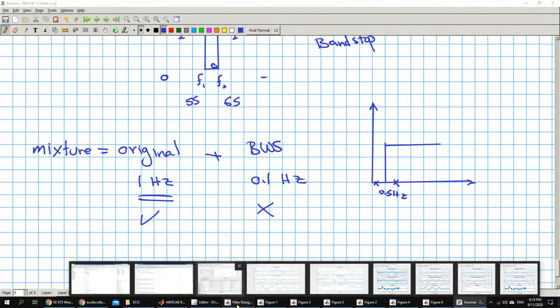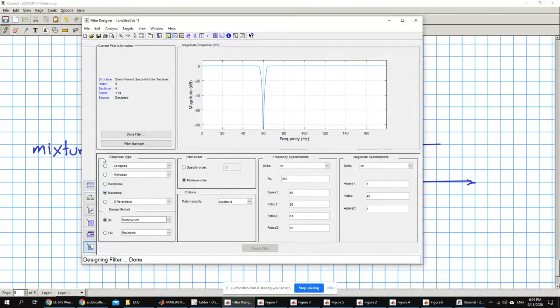I'm just going to do exactly what I did before: design a high pass filter and take its FIR. Fs is 360, and the f-stop is 0.2, and f-pass is 0.5. The attenuation here I'm going to put at 40. I'm just going to try to design a filter that looks exactly like this. Let's see if it works or not.